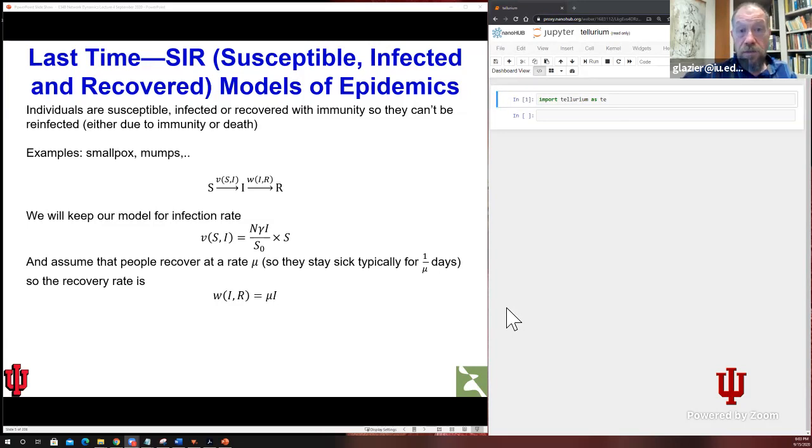The net infection rate, that's the rate per person, has to be multiplied by S, the total number of people who can get infected. We're going to assume to begin with that you have exponential recovery, which is clearly not accurate, but gives you a typical timescale for recovery, 1 over mu in days.